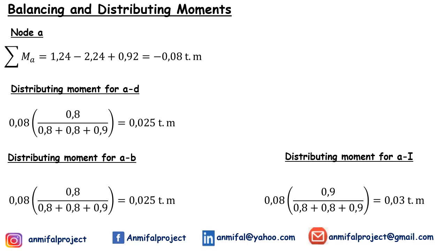By multiplying the error and the relative stiffnesses, we can find the corrected design moments respectively: for section ED 0.025 ton meters, for section EB 0.025 ton meters, and last for column E1 0.03 ton meters.